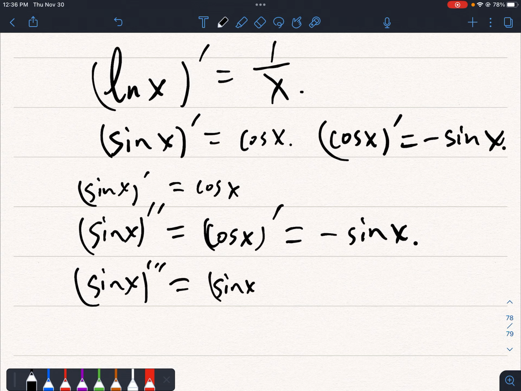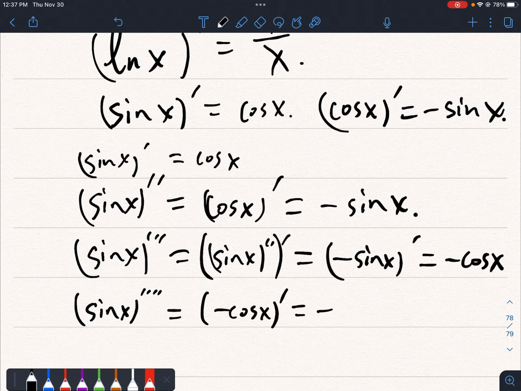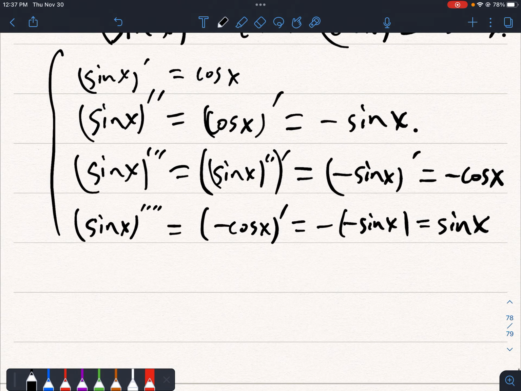So first sine x prime is cos of x. And if you want to take it the third time, then it's the derivative of the second derivative, which is minus sine x prime, which is minus cos of x. Okay? If you take it the fourth time, then it becomes the derivative of minus cos of x, which is minus minus sine of x, which is sine of x.